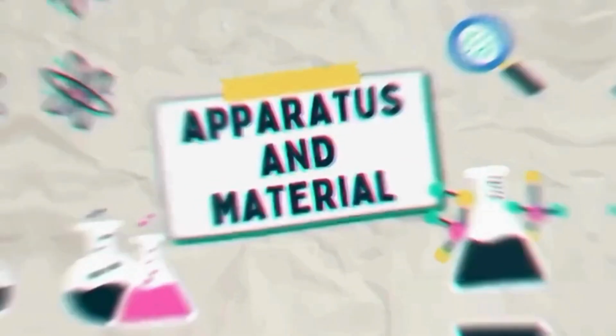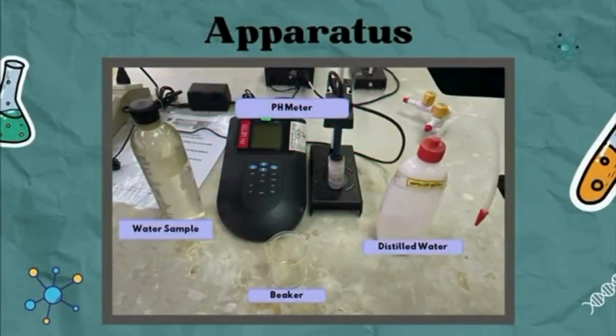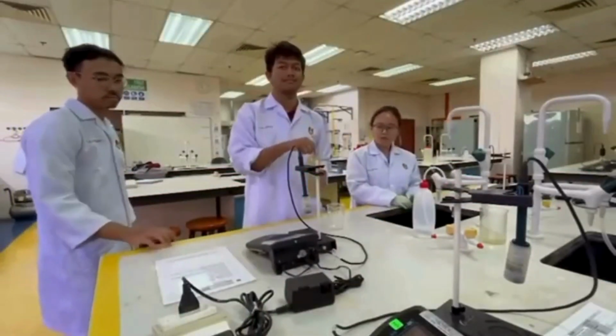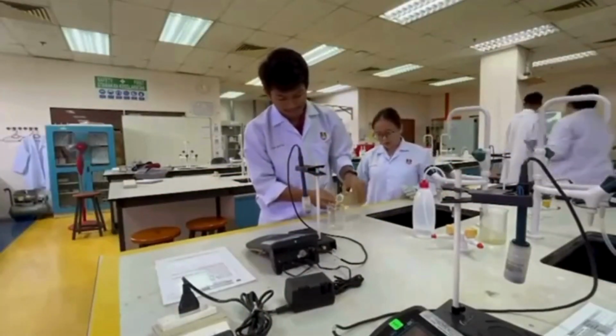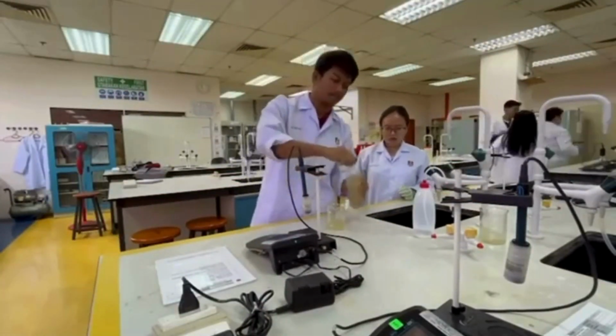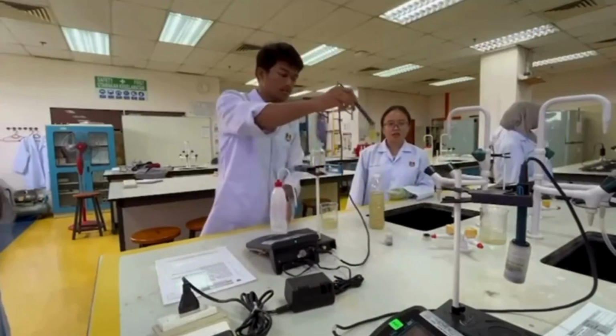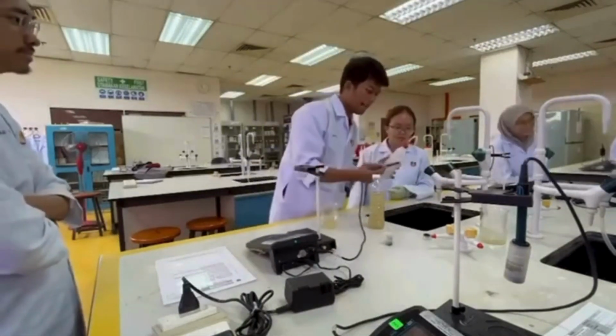pH experiment. Apparatus and material. pH meter, distilled water, water sample and beaker. Procedure. A volume of 100 ml of sample water was poured into the beaker. Then, the electrode of the pH meter was rinsed with distilled water and directly immersed into the water sample.